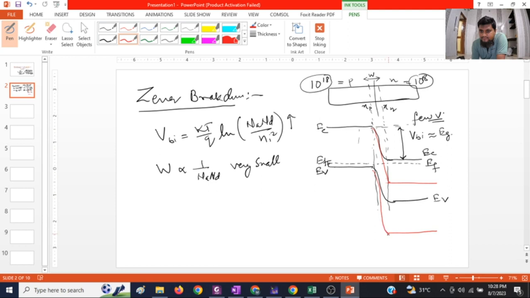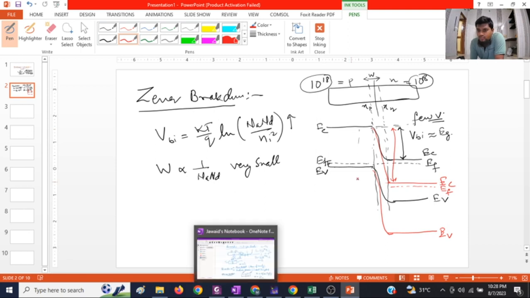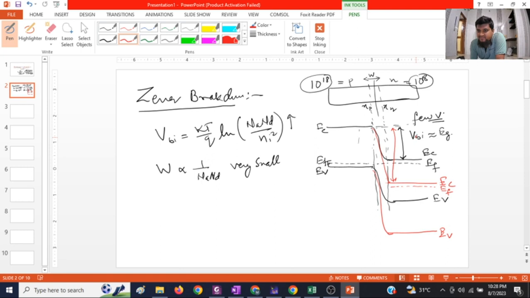EV will come over here, and the Fermi level will be somewhere here. And this is the increased built-in potential. You should note that this reverse bias will be a few volts. However, the VBI will be around Eg, that is around 1 volt for this highly doped junction. And this W is very small.